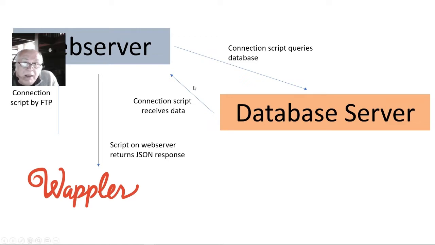So when we're running live, basically these scripts are talking to the database server back and forwards. However, when we're actually in Wappler, we're doing a route through, but the connections are exactly the same, which means that there's no differences between when we're working within Wappler or when we're in a live situation.